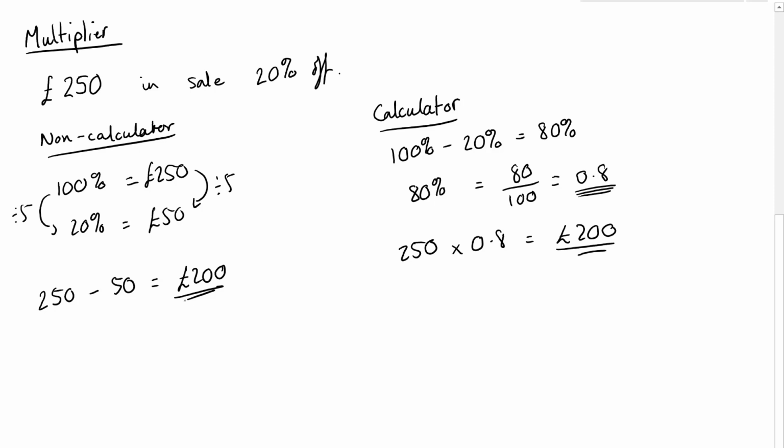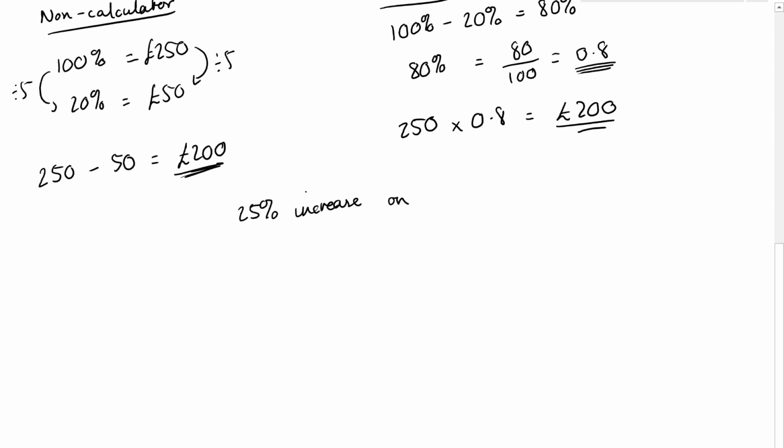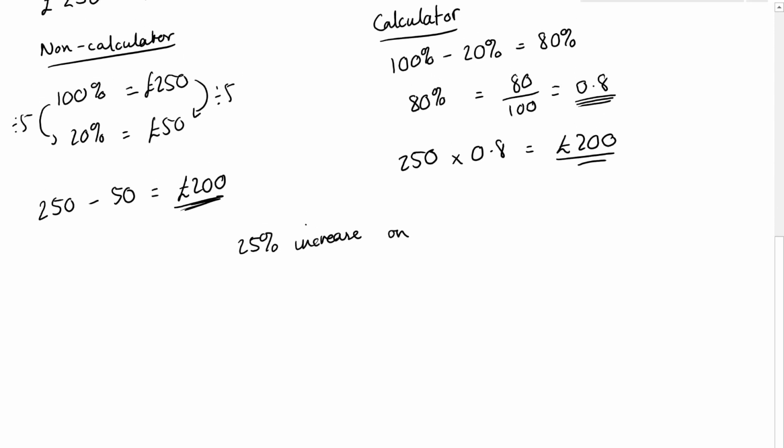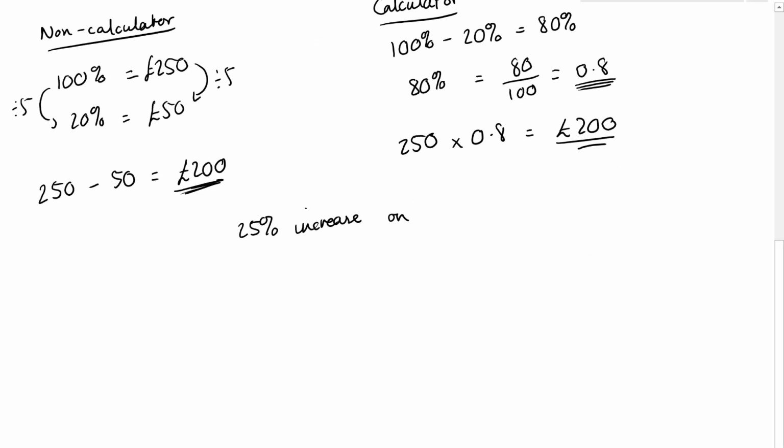So we could do loads of practice with these kinds of numbers. We could have maybe a 20% increase, for example, or a 25% increase. So let's say there was a 25% increase on something that costs £50.